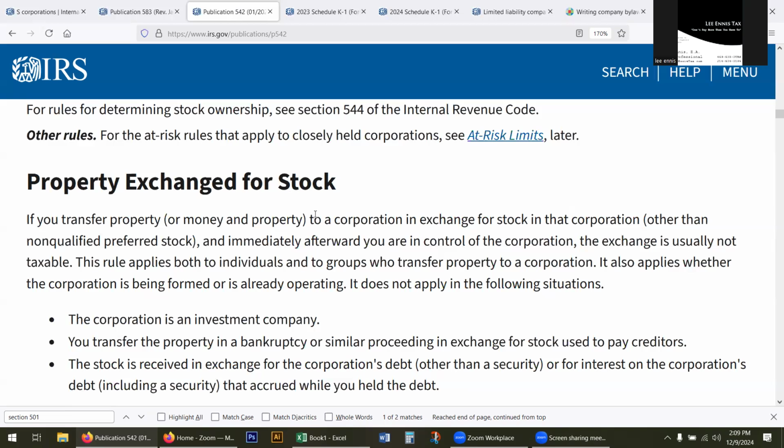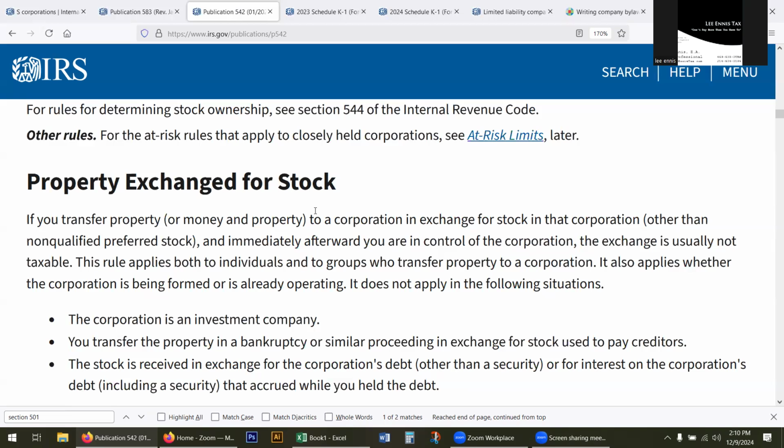Property exchange for stock. Okay, when you are starting a business, when you're creating a business, the business starts with $0. It has absolutely nothing. It owns nothing. And the only way for this company to have anything is that an owner has to transfer that property to the company, whether it be cash, whether it be an asset, whatever it is.